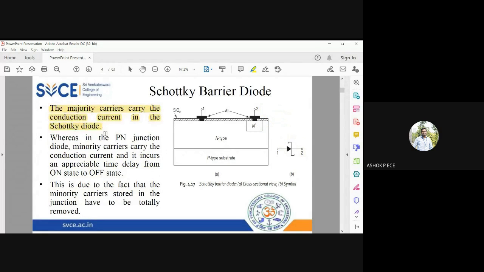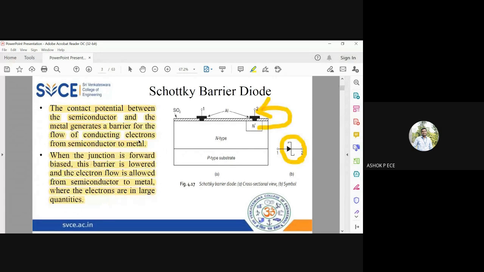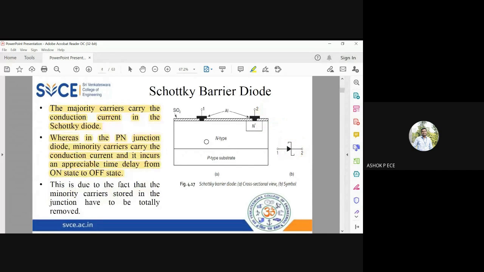Whereas in the PN junction diode, minority carriers carry the conduction current and there is an appreciable time delay from on to off state. So in the conventional PN junction diode, you have what is called drift current and diffusion current, right? Here in the Schottky barrier diode, the majority carriers conduct in large numbers to produce the conduction current.